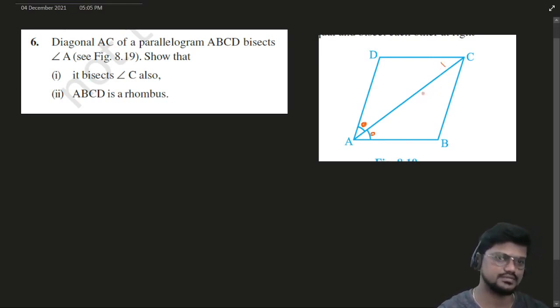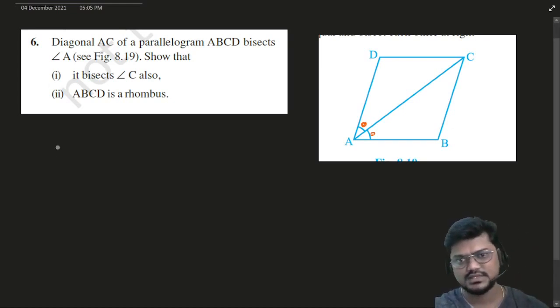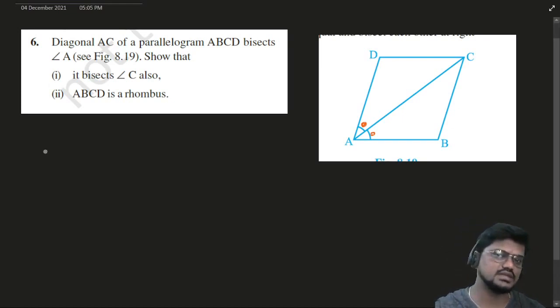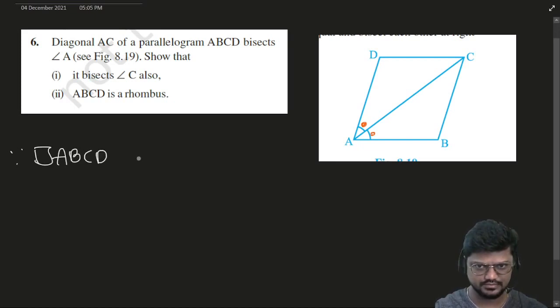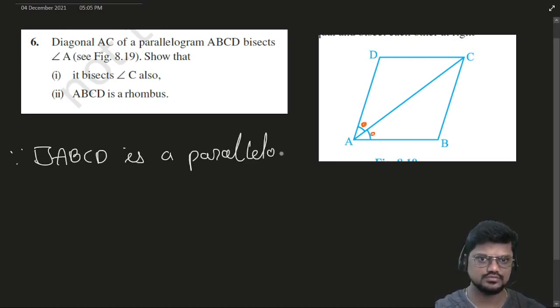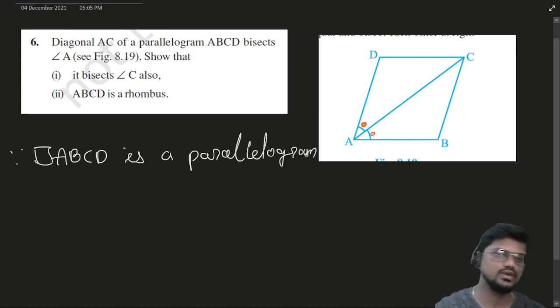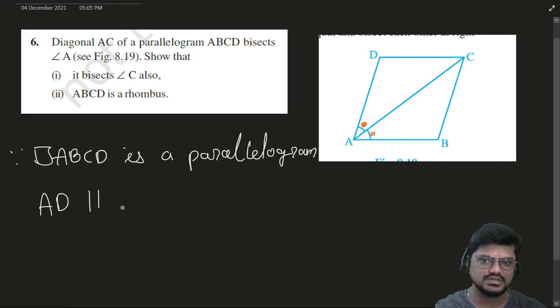So how we will show that? That's the working we have to do. Now, see what is given. ABCD is a parallelogram. Since quadrilateral ABCD is a parallelogram, we know that AD is parallel to BC.